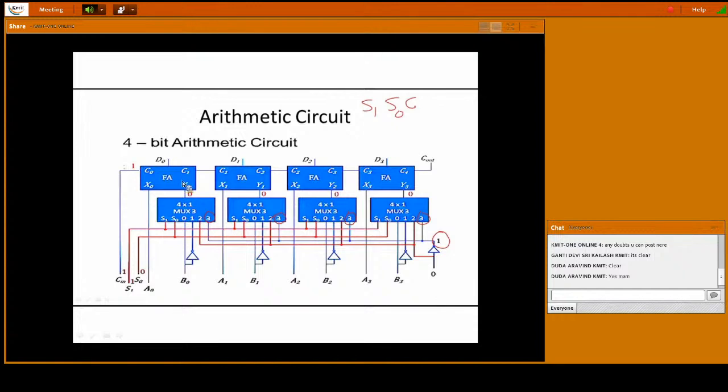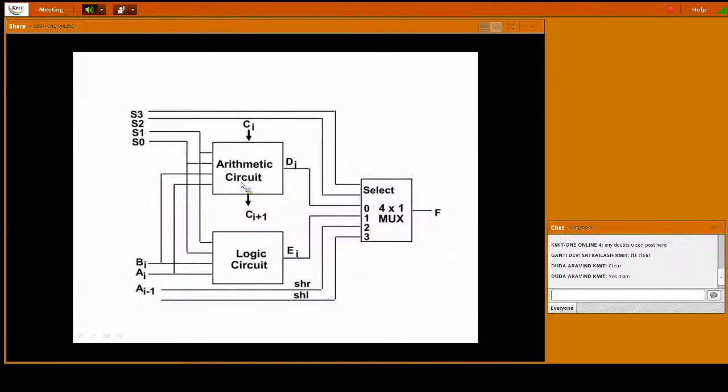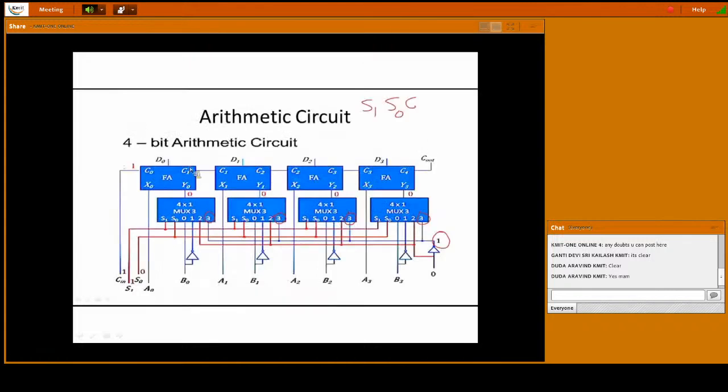So, what are the inputs to be provided? Inputs to be provided for this arithmetic circuit are the register bits. Consider you have two registers A and B. The register bits are to be provided as input, A0 and B0.